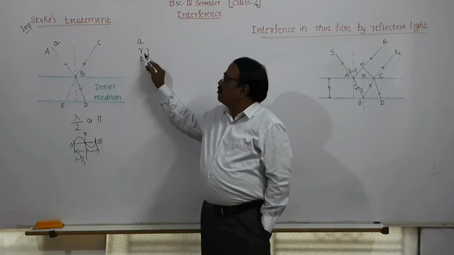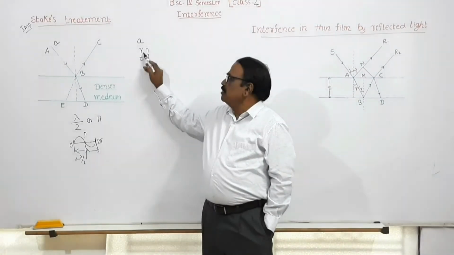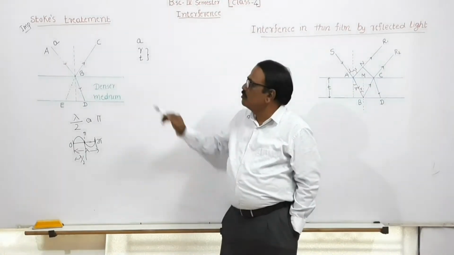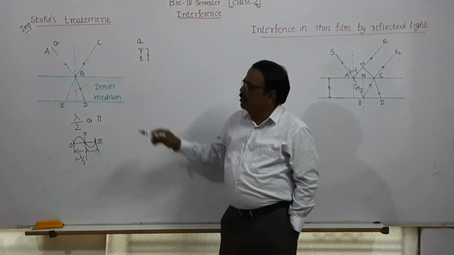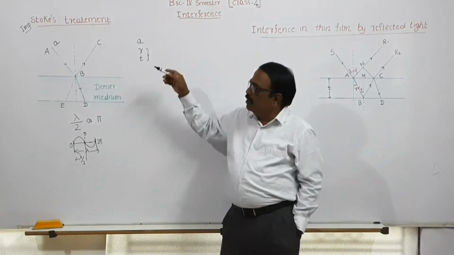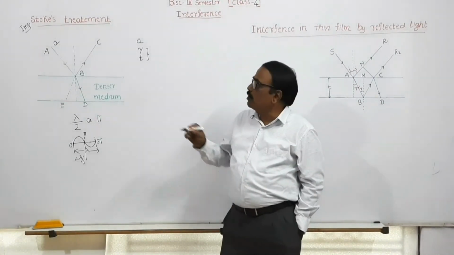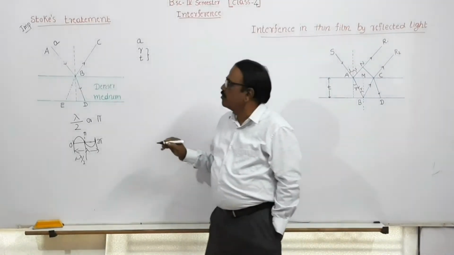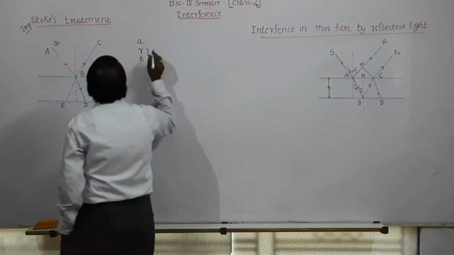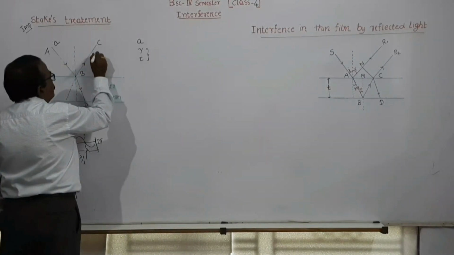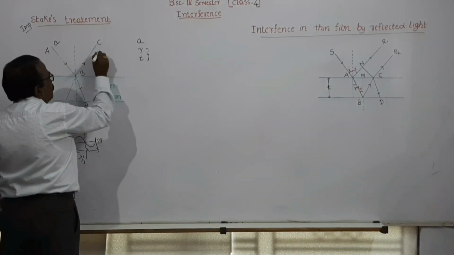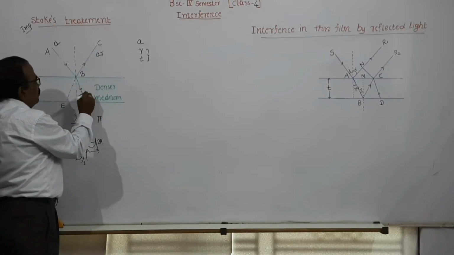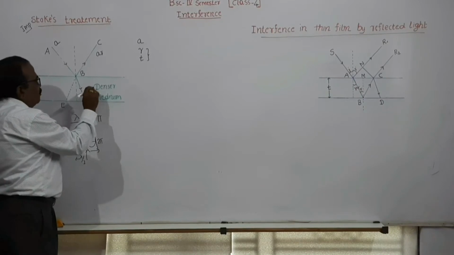The amount of light reflected divided by the total amount of light falling is the reflection coefficient, and the amount of light transmitted divided by the total amount of light falling is the transmission coefficient. Then the reflected amount of light is A into R, and the transmitted amount of light is A into T.